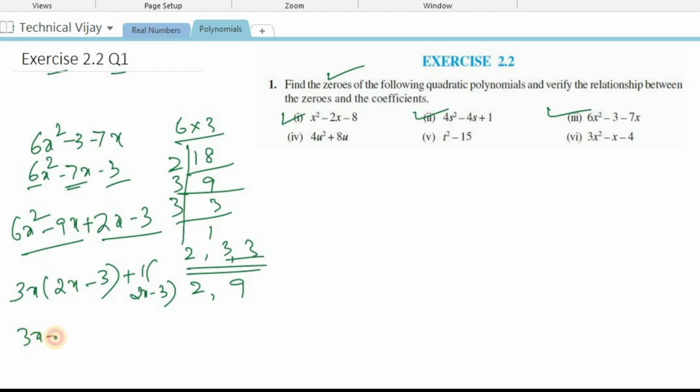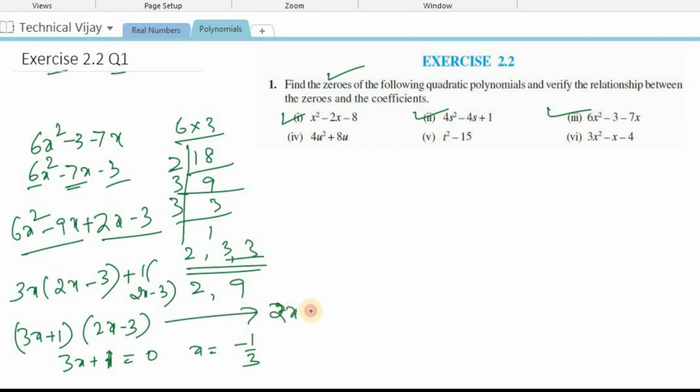So 3x plus 1 is one term, 2x minus 3 is one more term. 3x plus 1 is equal to 0. So x is equal to minus 1 by 3. In this term, 2x is equal to 3, x is equal to 3 by 2.